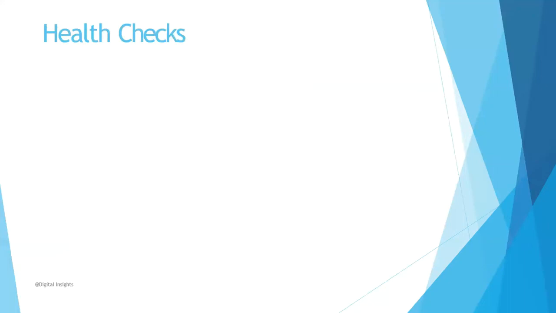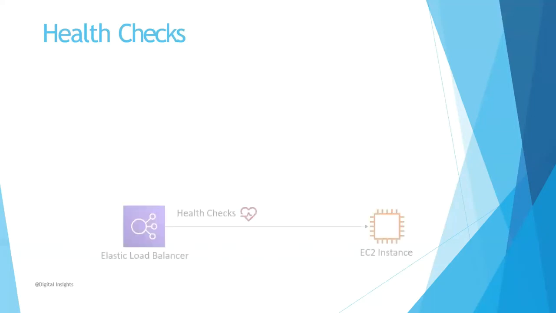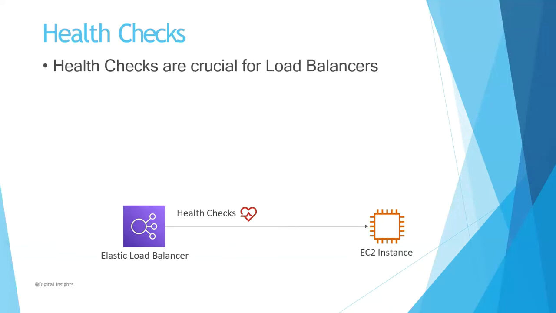I spoke about the health checks which the ELB does on the EC2 instances that you attach an ELB to. How does that happen? You create an ELB and some EC2 instance, say one as of now, and the ELB does a health check. This traffic should be allowed on the EC2 instance, but this is done by default. Health checks are crucial for the load balancer, because based on the status of your EC2 instance, the load balancer is going to decide whether to forward the traffic to this member of the group.